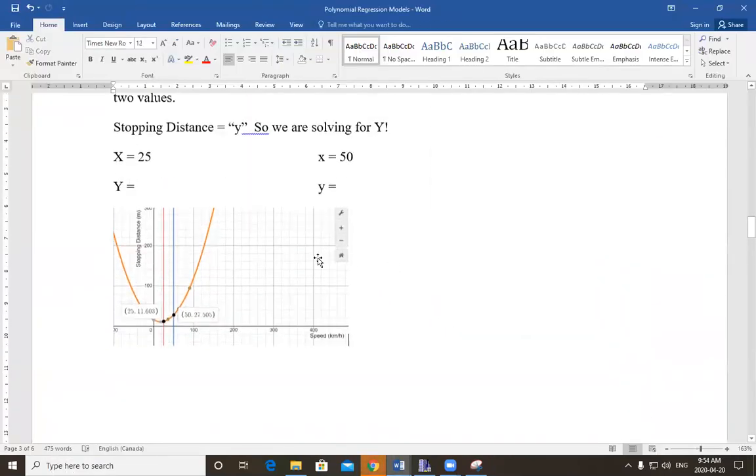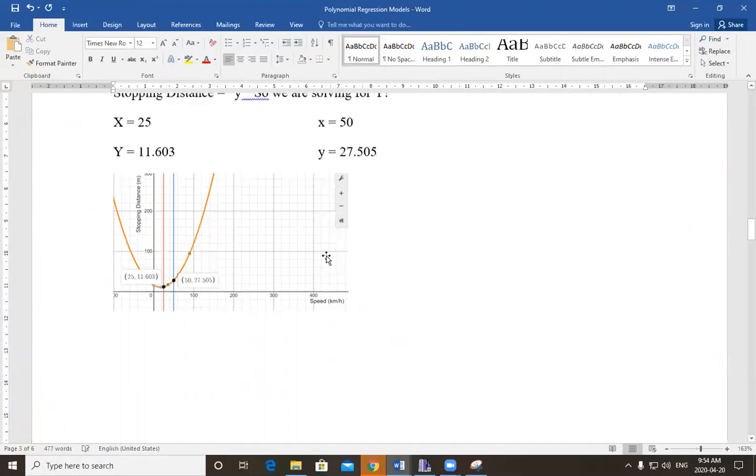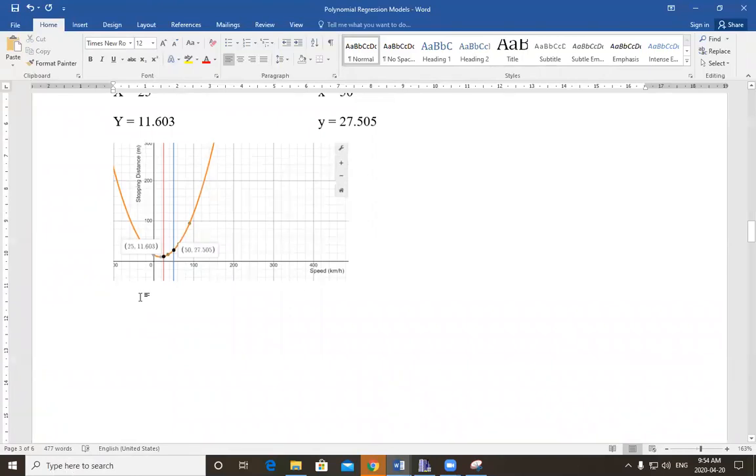Okay, so now, when x equals 25, y equals 11.603. And when x equals 50, y equals 27.505. So to compare the two, we're going to take 27.505 and we're going to subtract 11.603.